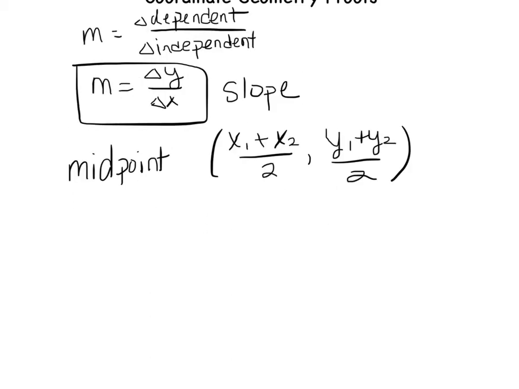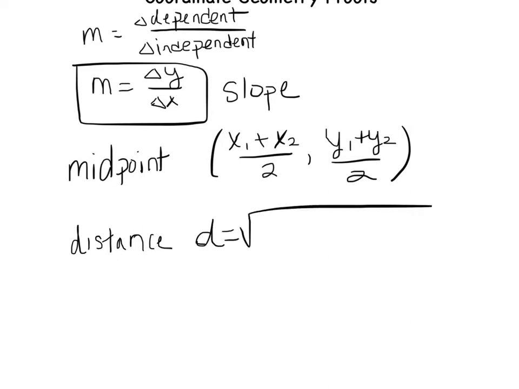And one last thing that we might remember is the distance formula. I know this is a long one. The distance formula states that distance equals the square root of the change in x squared plus the change in y squared.